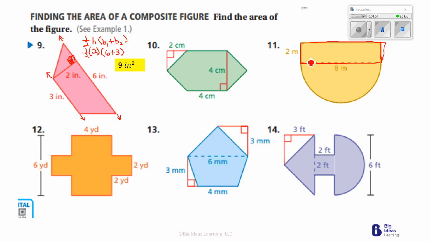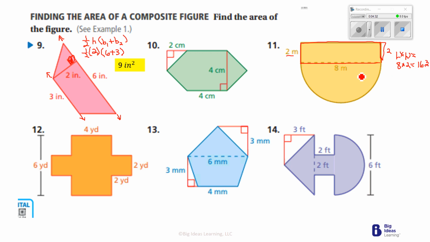Now the rectangle is 2 by 8. 2, I know if this is 2, then this must be 2, right? And this is 8. So since the rectangle's formula is length times width, this is going to give me 8 times 2. And that equals 16. So this is 16 meters squared.